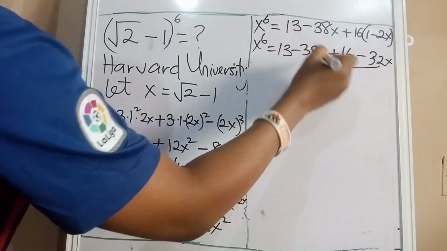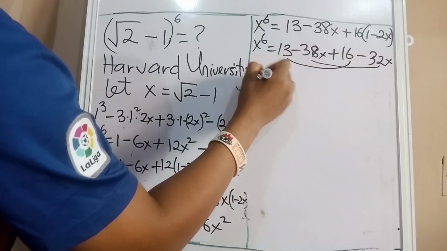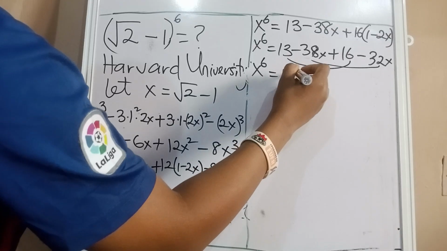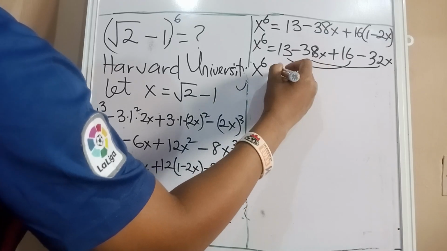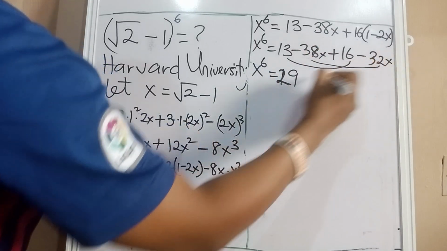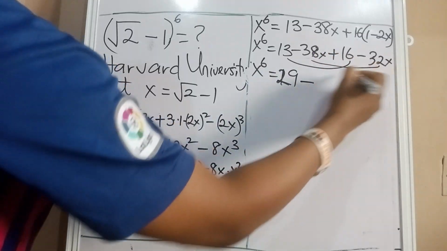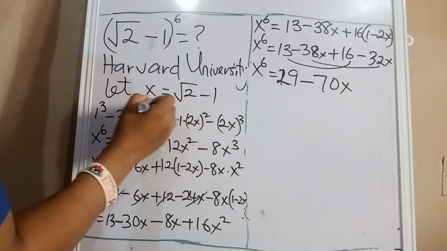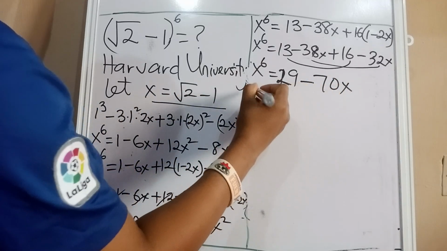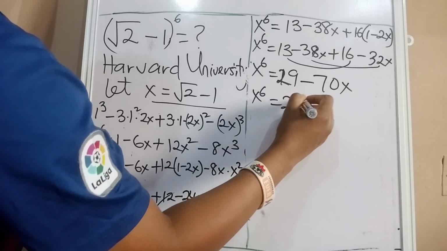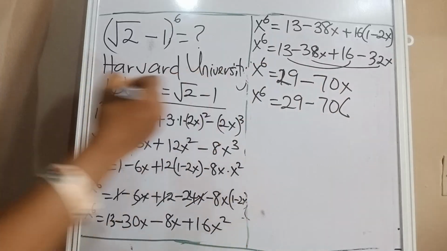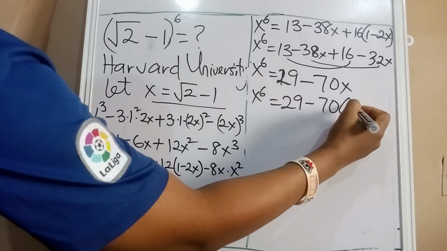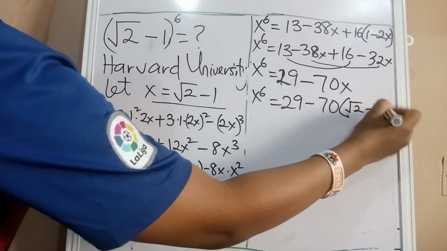All right, so let's look. These two can add up, these two can add up. So we have x to the power of 6 equal to 29 minus 70x. Now the value of x is this, so we're going to put that back here. x to the power of 6 is 29 minus 70 times (square root of 2 minus 1).